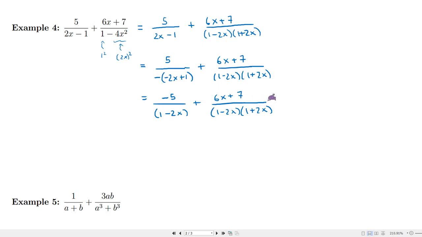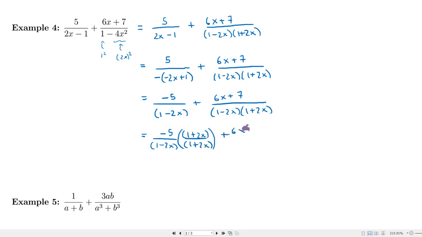Okay, so what would the common denominator be? What's the least common denominator, right? Well, this first fraction is just missing in the denominator the 1 plus 2x. So let's make that appear. So we would do negative 5 over 1 minus 2x, and we will multiply by 1 plus 2x divided by 1 plus 2x.